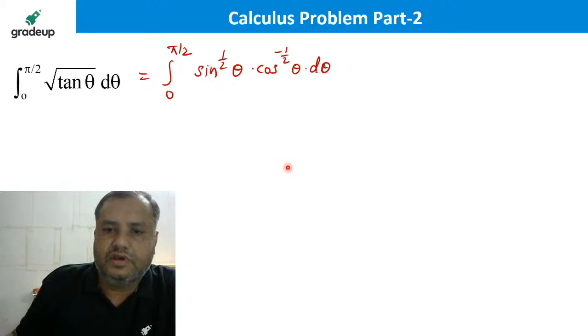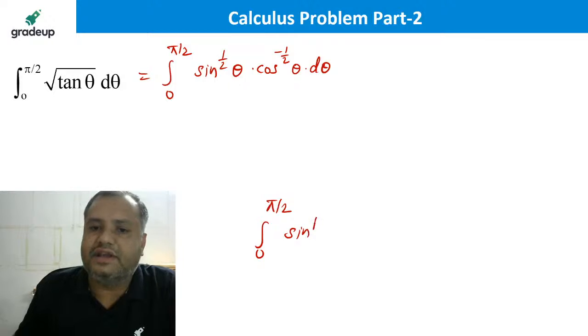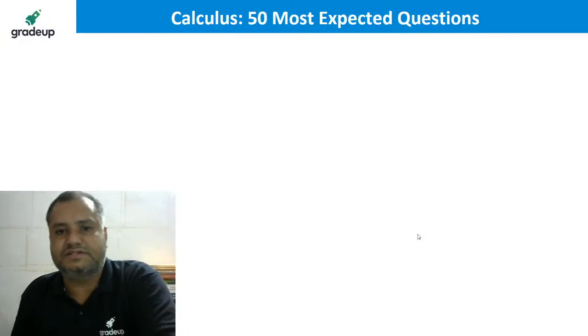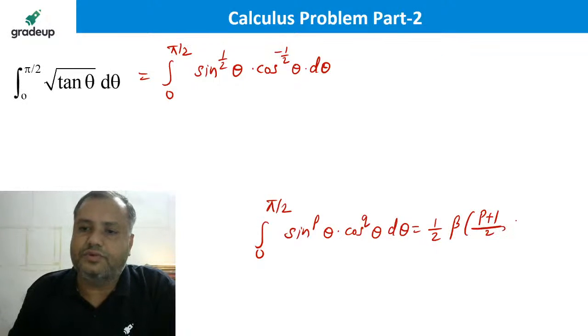Now we have one property, property of beta function: integration from 0 to pi by 2 of sine raised to p theta cos raised to q theta d theta. This format has the solution 1 by 2 beta function of p plus 1 by 2 comma q plus 1 by 2.